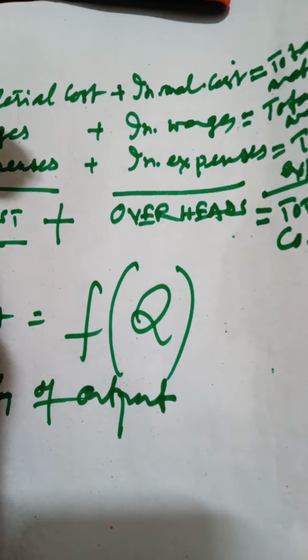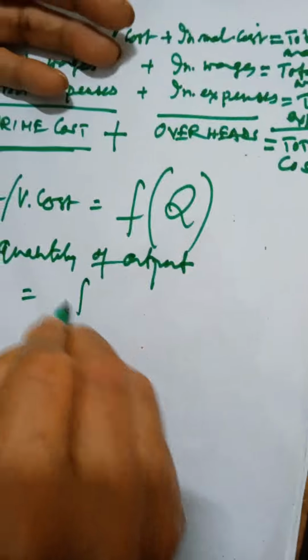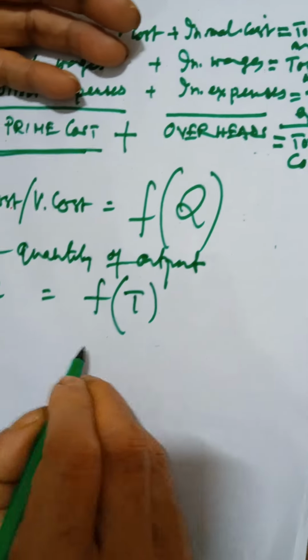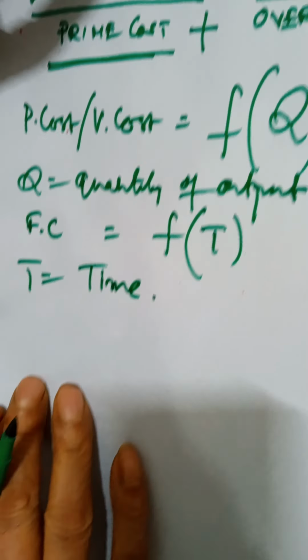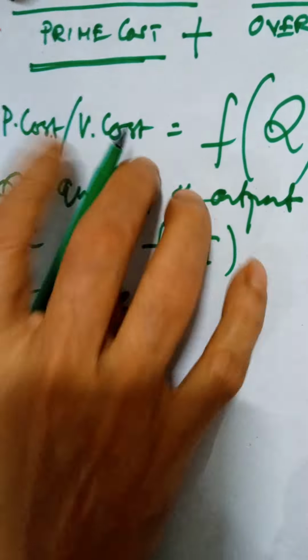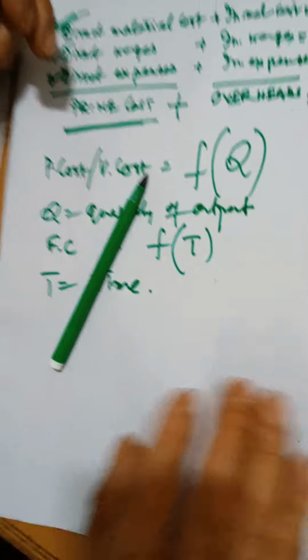So fixed costs are functions of time. Fixed cost equals a function of time, T equals time. Now we will see how overhead expenses are classified.